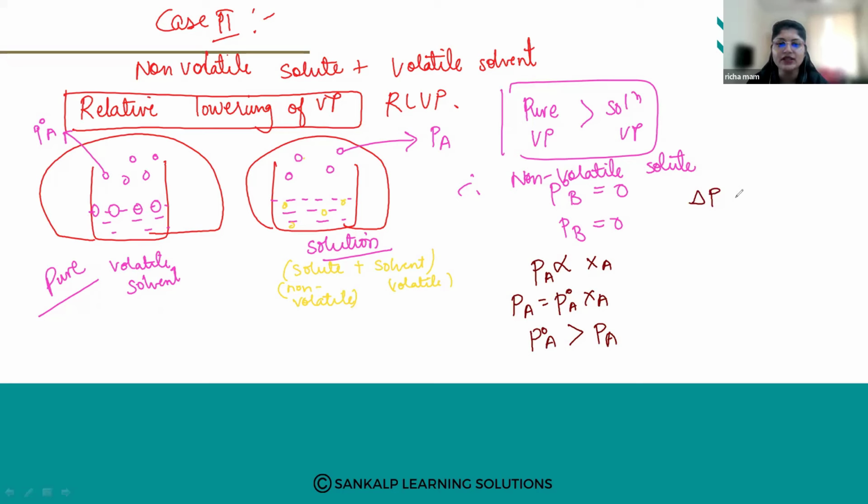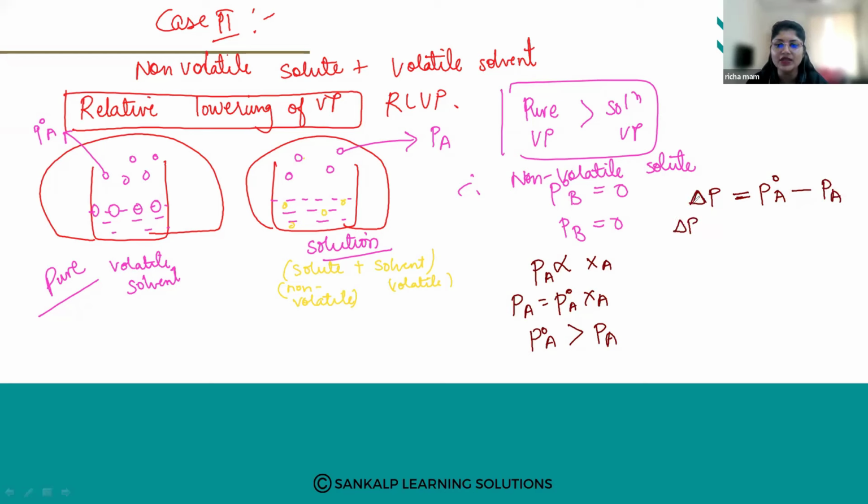Delta P is nothing but the difference in the vapor pressure. The difference is always taken as higher minus lower, right? P naught of A is higher because it is in pure state. So P naught of A minus PA is my difference. Okay. So now delta P.